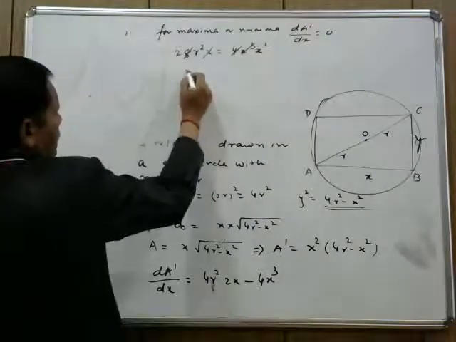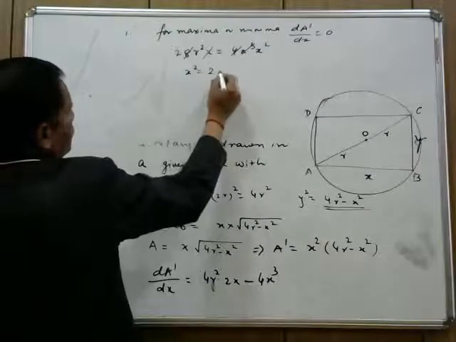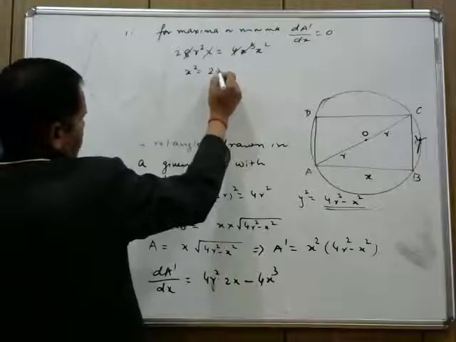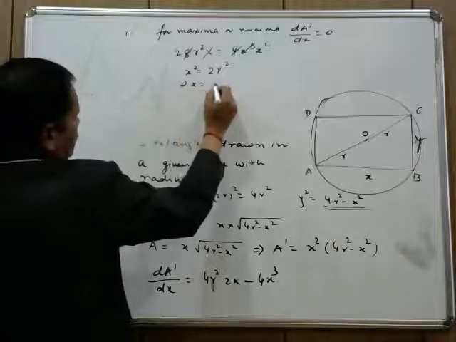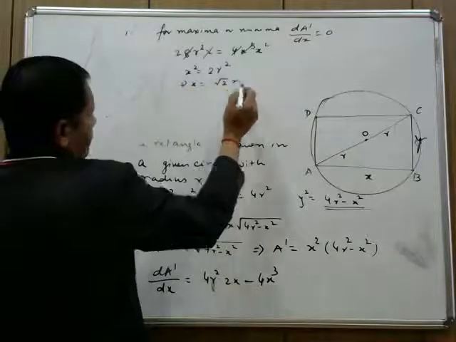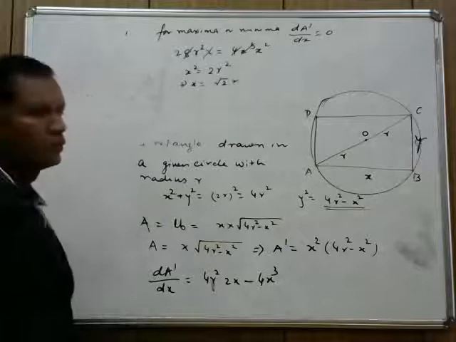That means x square is equal to 2r square. It implies that x is equal to root 2r.